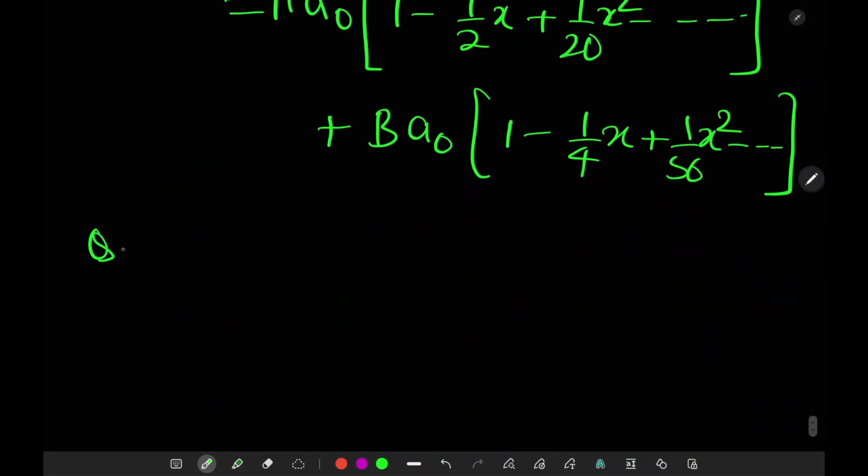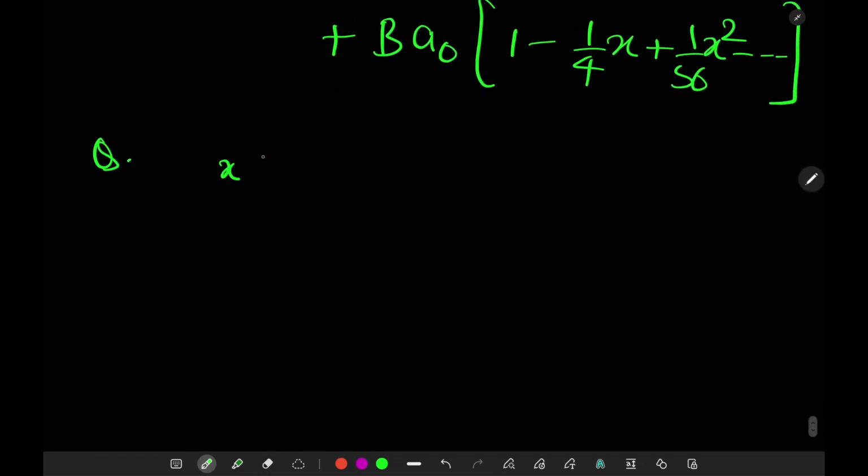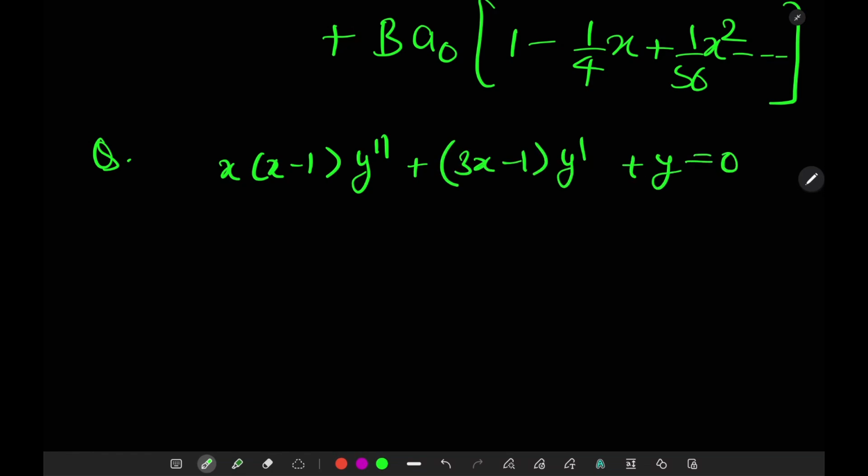Let's do another question. Similarly, we do here y is equal to summation ak x raised to power m plus k, k equal to 0 to infinity.